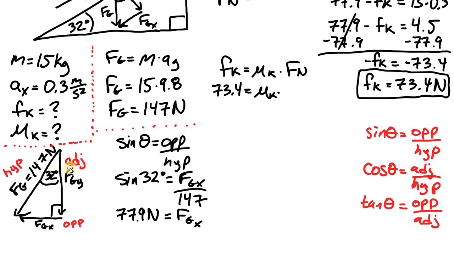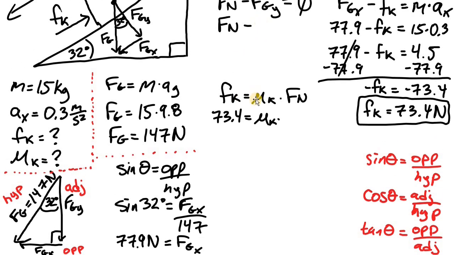So, once again, if we just do another trig function, we'll be able to get our answer for FGY and plug that into here, and we're done. FGY is adjacent, and our given information is our 147, which is our hypotenuse. So adjacent and hypotenuse, which trig function are we going to be using?